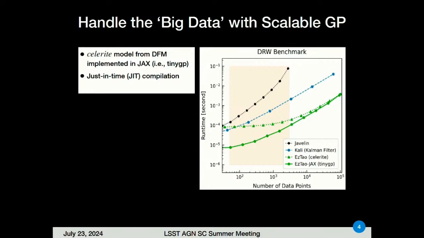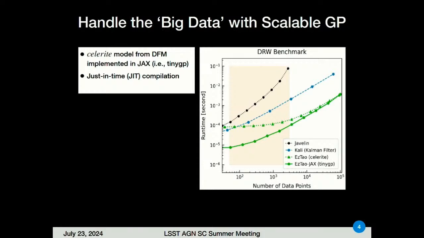This is probably less famous, Kali, which uses the Kalman filter to do scalable evaluation of the CARMA likelihood. And the green dotted one is my earlier work as part of my PhD thesis, using the Kalman filter to do CARMA modeling, and the green one is our most recent work using the celerite model implemented in JAX.